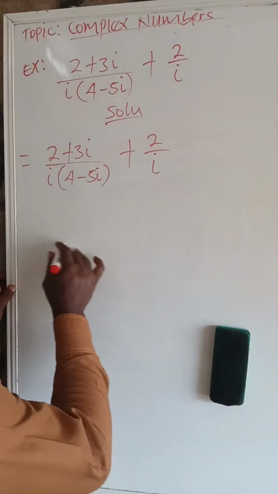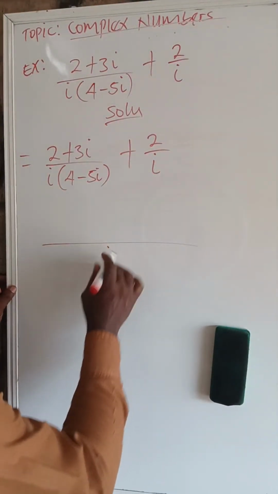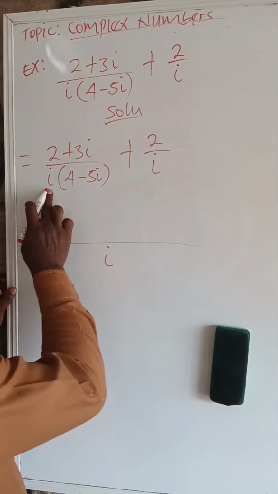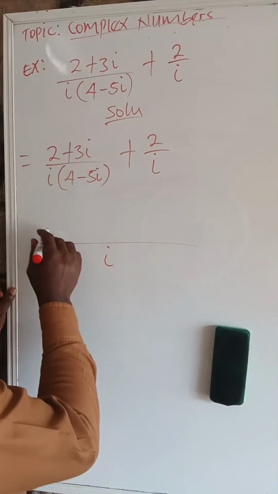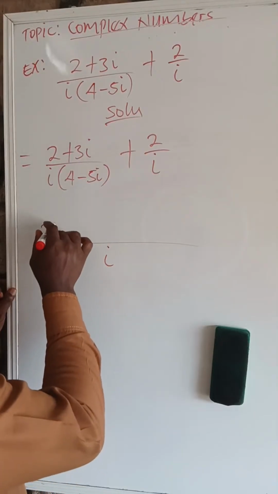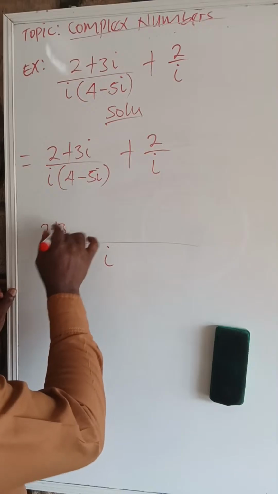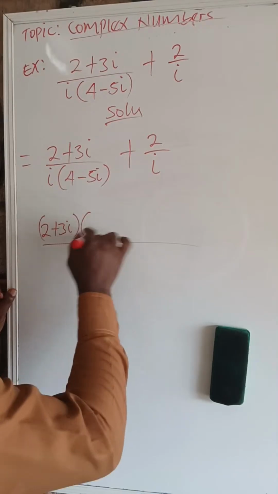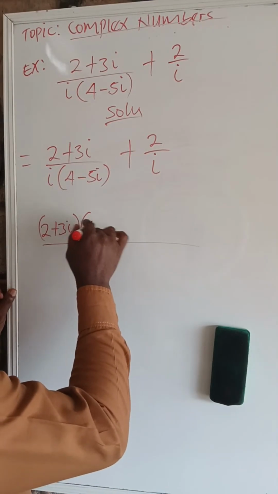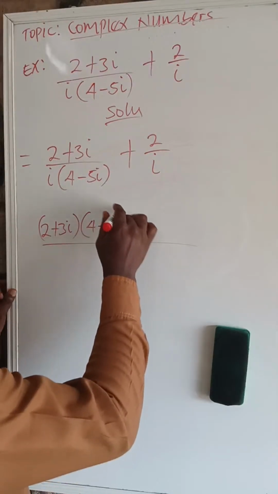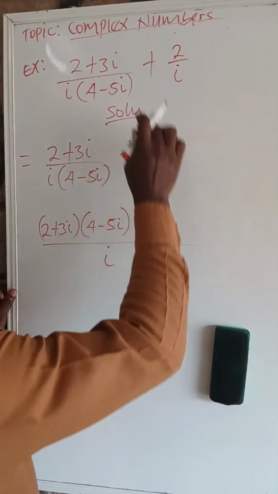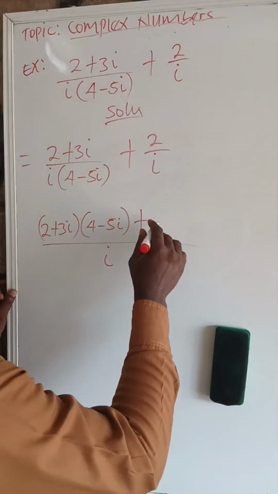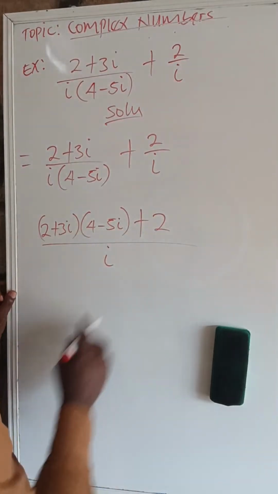The LCM here is i. i times i is 1. We use this to multiply. Here will be 2 plus 3i, open bracket 4 minus 5i. Then here will be plus i times i, 1 times 2, right?